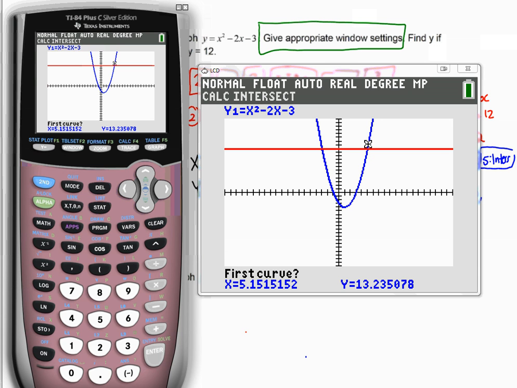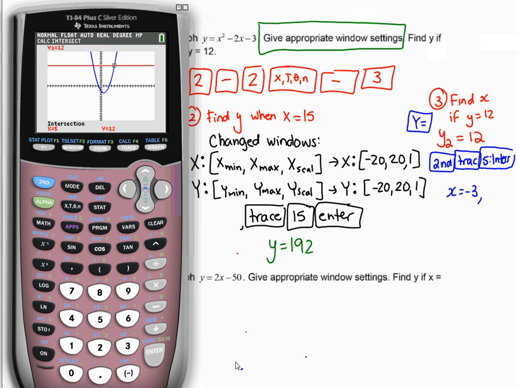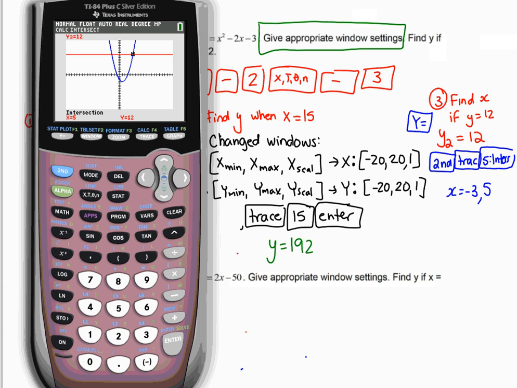Okay? Push enter 3 times. 1, 2, 3. And the other one is 5. So that's our answer. So yeah, just scroll over, and then enter times 3. Okay? So does anyone need help?